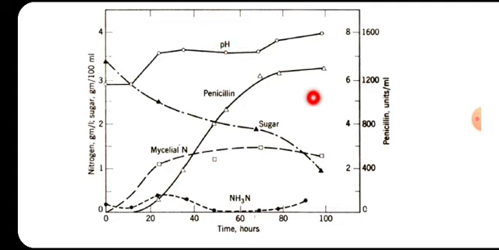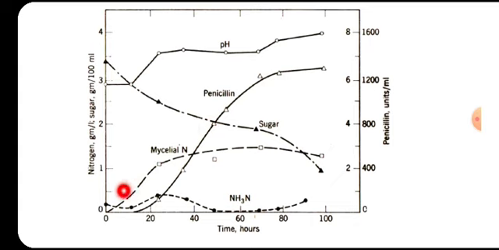This is the pH scale 2, 4, 6, 8. We can note the change in pH. Initially it is constant, then it rises, then again it remains constant. This is the period during which there is maximum synthesis of penicillin, and then it will start rising due to autolysis.